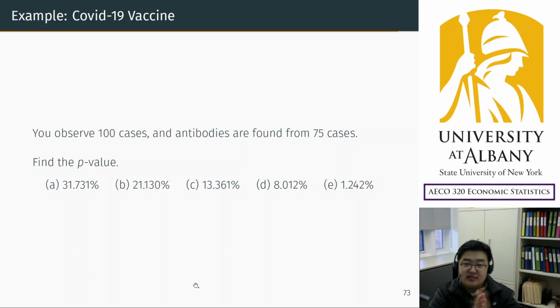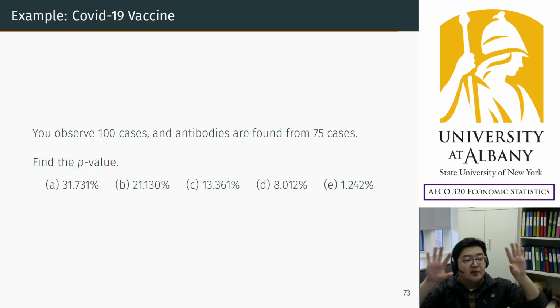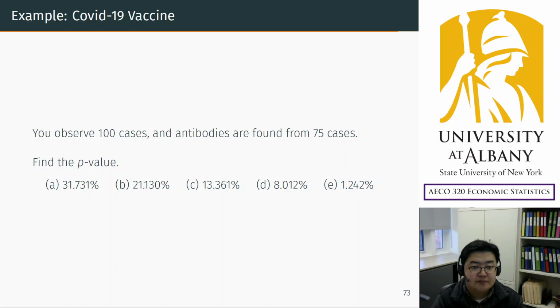Your hypothesis is 80%, but your observation tells you 75%. So you check the difference and standardize it. That's the t-statistic. Once you get it, the p-value is the probability on both sides, the outside probability on both tails. So you can calculate the p-value from Excel.